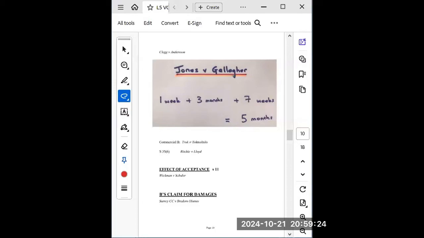We already reminded ourselves of Wickman against Schuler. This is the House of Lords case about the 4-year distribution agreement. All terms in the contract were called conditions. The House of Lords said, no, not all terms were conditions. As I say, we've already reminded ourselves of this case.